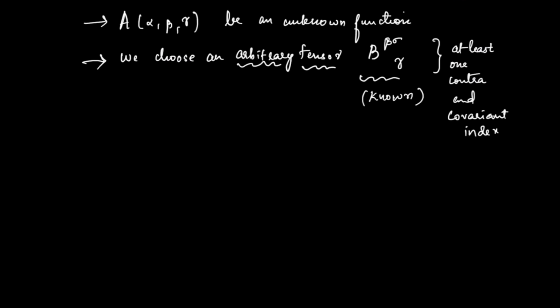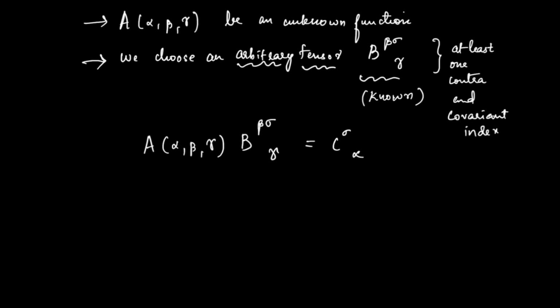Now we have to take the inner product of this unknown function and the arbitrary tensor, A alpha beta gamma with B beta sigma gamma. Let this inner product be C sigma alpha.